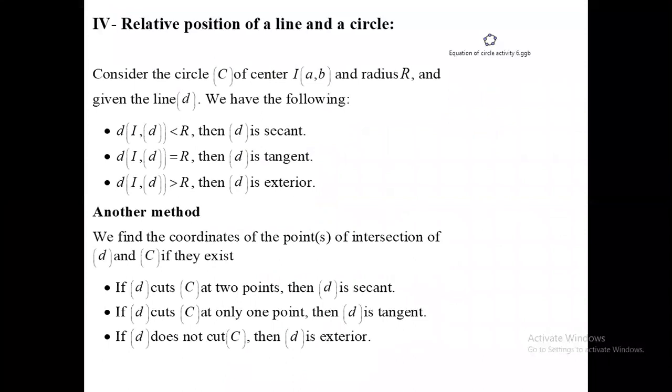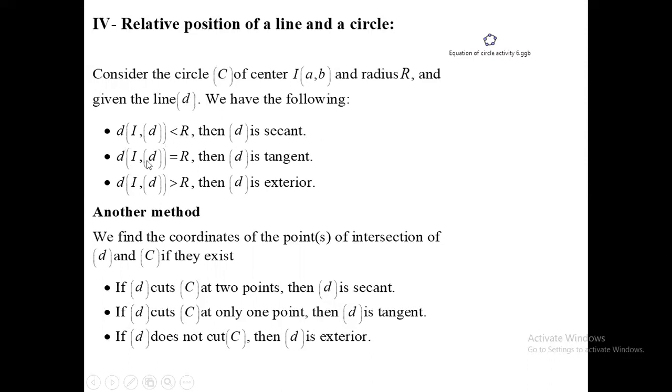If we want to summarize what I have said now, consider the circle C with center I(a, b) and radius R, and given the line D. We have the following cases. If the distance between the center and the line is less than r, then D is said to be secant, and you will have 2 distinct points of intersection.